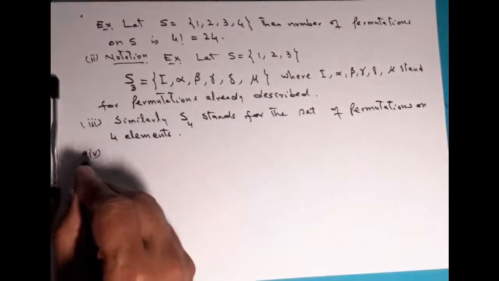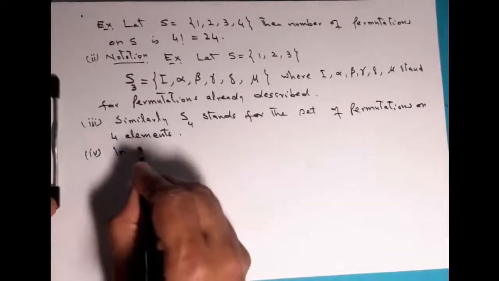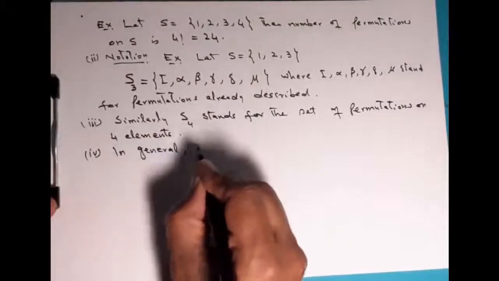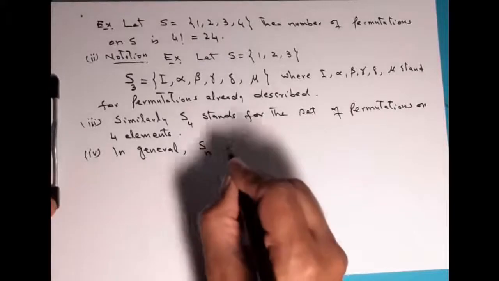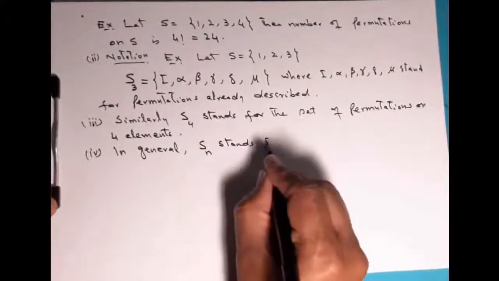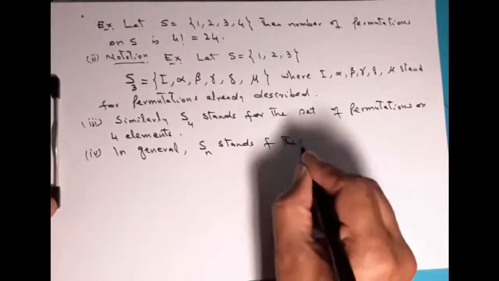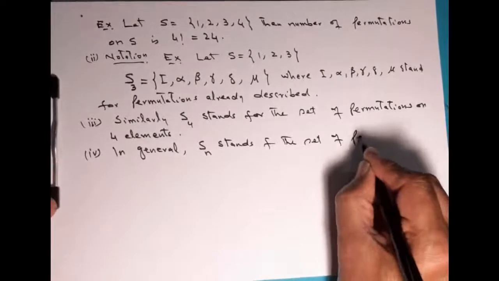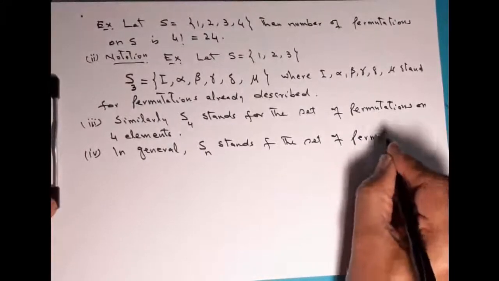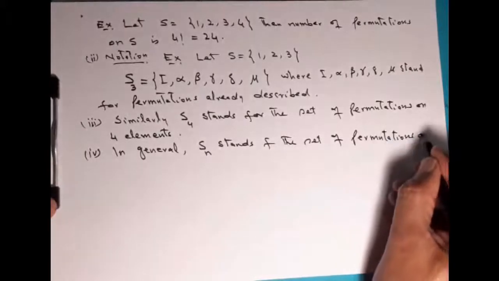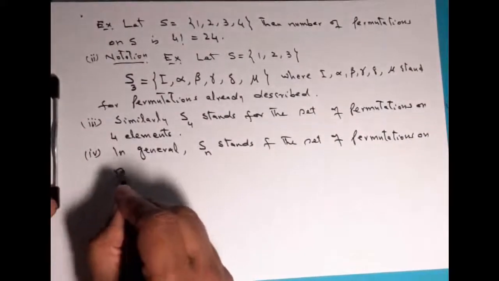And in general, Sn stands for the set of permutations on n elements.